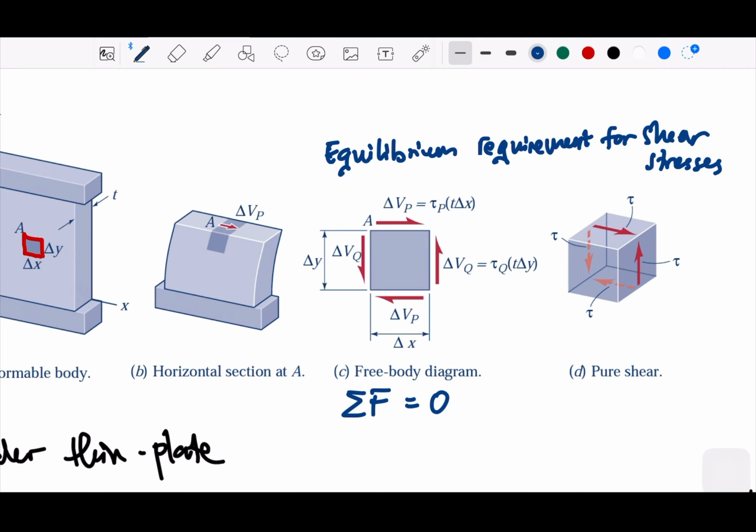And I think this is very logical. Shear diagrams.